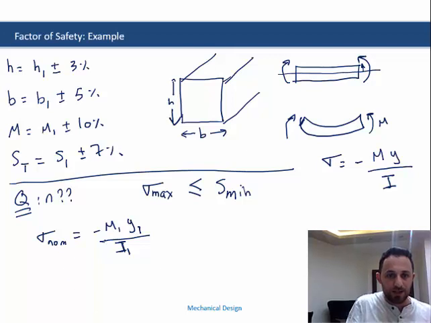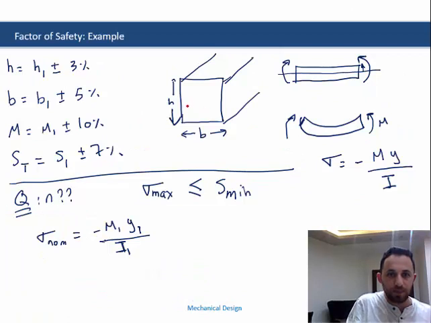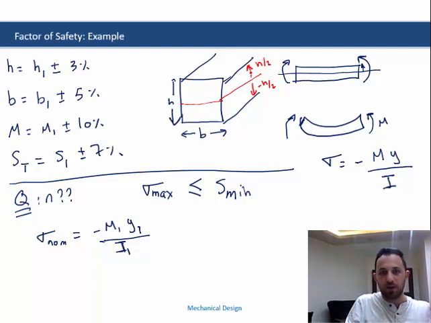If we take the neutral axis, this is the neutral axis, so we have a distance of h over 2 and downwards minus h over 2. So this is the distance y from the neutral axis. If y equals h over 2, then we are computing towards the compression, if we say the compression is from the top. But we are comparing with the tensile strength, with the tension, so we'll be taking minus h over 2.